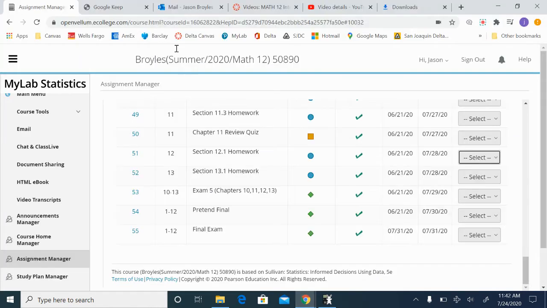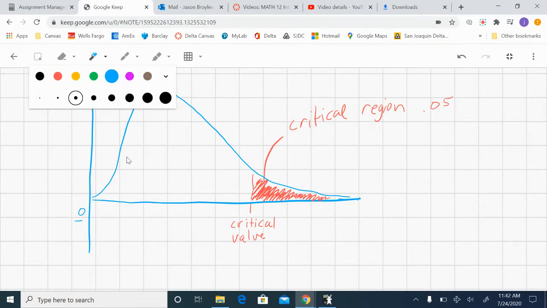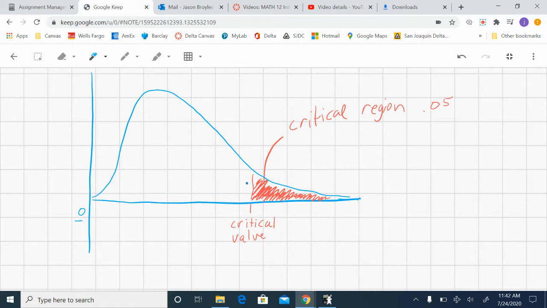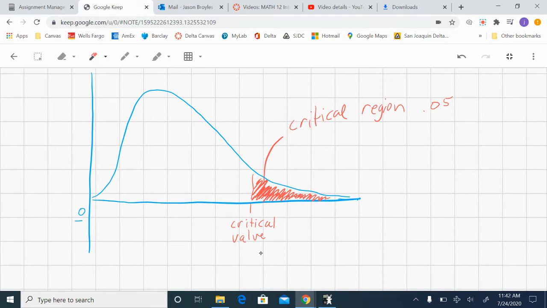I want to show you a picture for this. This is what the chi-square distribution looks like. It's bigger on the left-hand side and it has a long right-hand tail. So this critical region is the area to the right of the critical value. In this case, we have a critical value of 7.815.